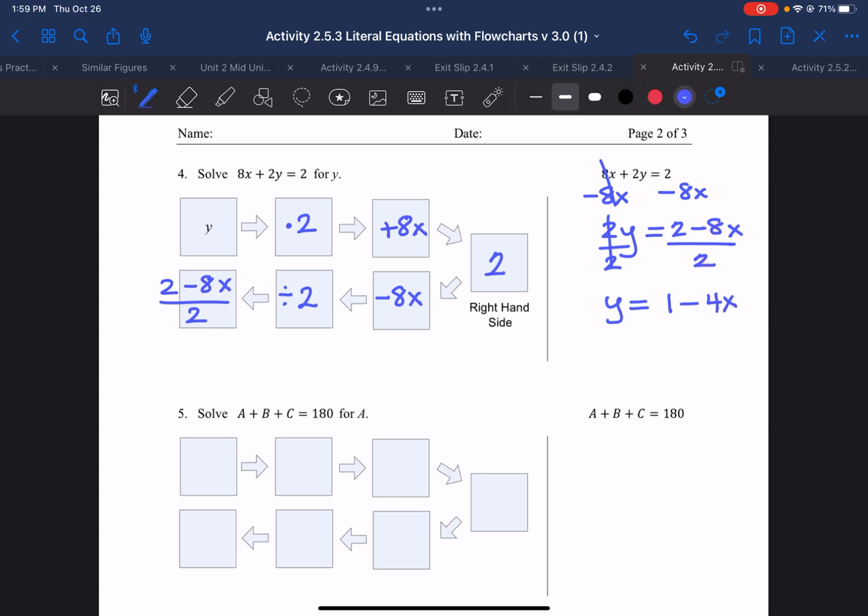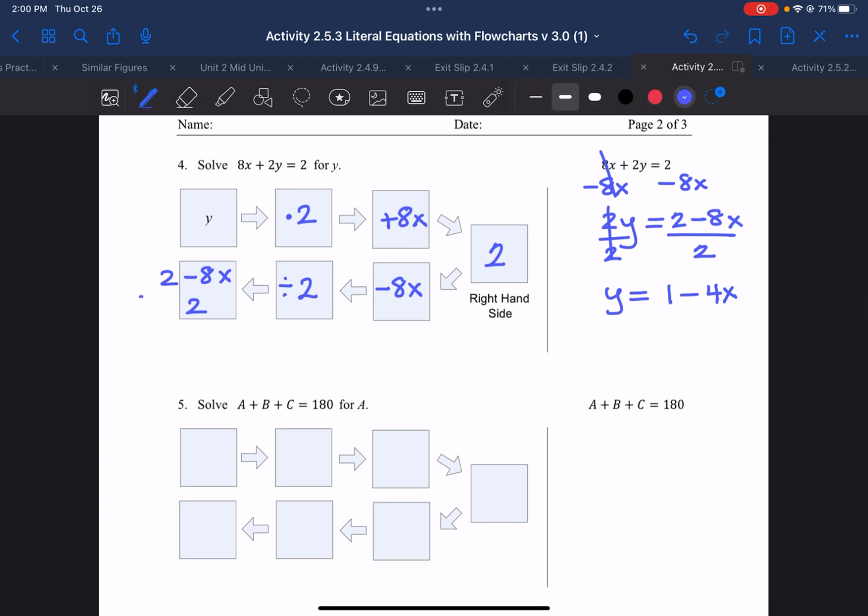In this case, it's 4x. So our final, oh wait, what did I do wrong? Oh, I didn't simplify. But yeah, so this is our final answer, y equals 1 plus 4x. And I just didn't simplify over here, so this would be 1 minus 4x.